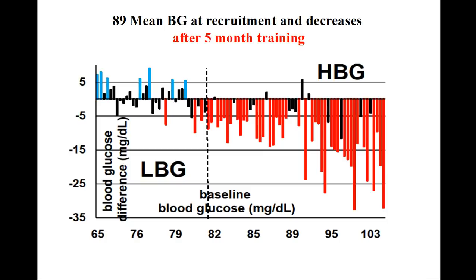This threshold blood glucose demarcation point is 81.8 mg/dl, 4.5 mmol/L, at recruitment.